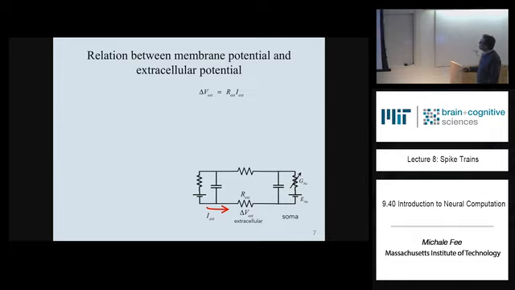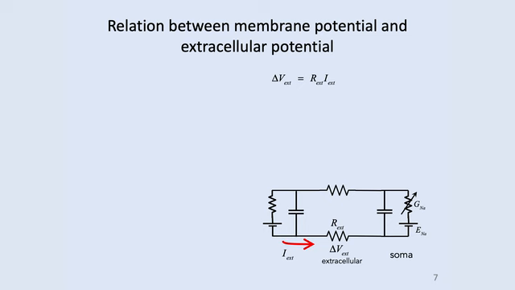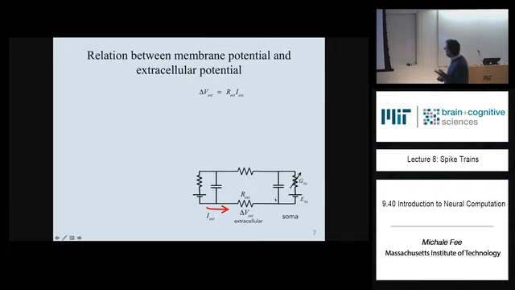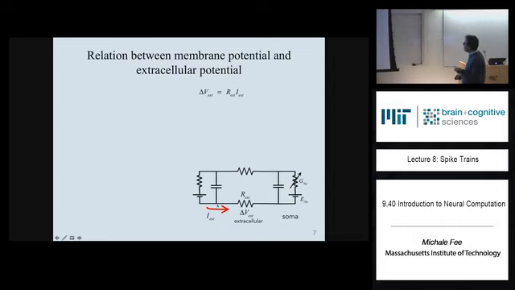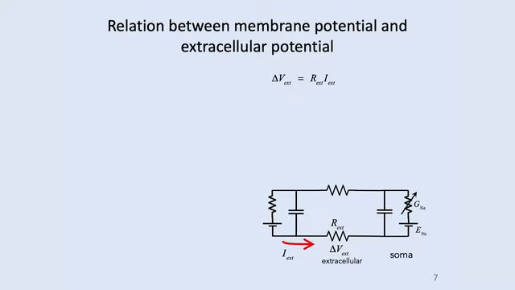Okay, now let's take a look at understanding the relationship between the extracellular voltage change and the intracellular voltage change. Let's write down the equation for the voltage drop across this extracellular space. That voltage drop is just the external current times some effective external resistance. The external current is just the sum of a capacitive current and a resistive current through the membrane of the dendrite.